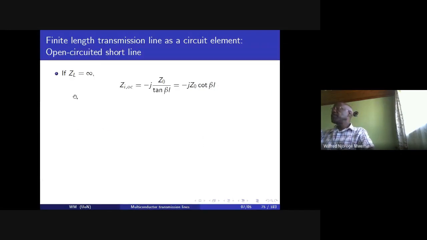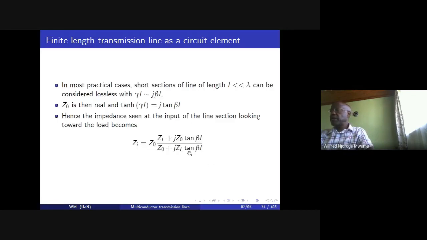Now, if ZL is equal to infinity, that is, we open circuited that section of line, we would get an input impedance for an open circuited section of line of minus j Z0 divided by the tangent of beta L. This can be seen from this expression here.